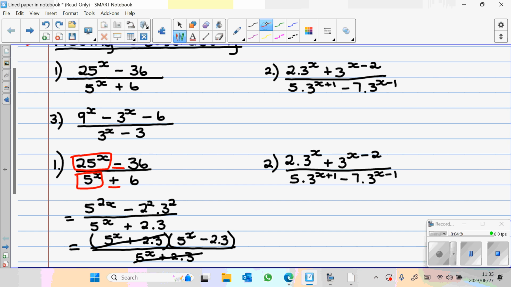Now, if you listen clearly, you would see that I repeated that over and over again. It is 3 to the power of x, 3 to the power of x, 3 to the power of x. So all of them are the same. The ground numbers are the same. The exponents are the same.